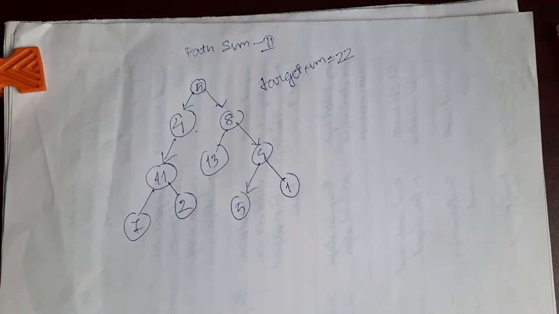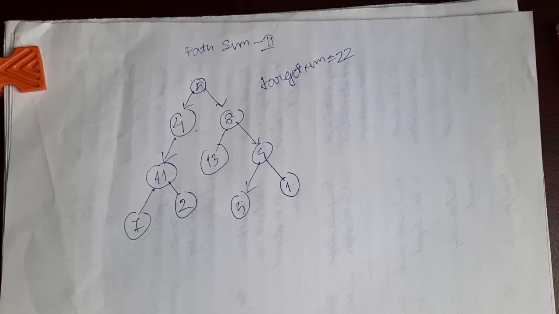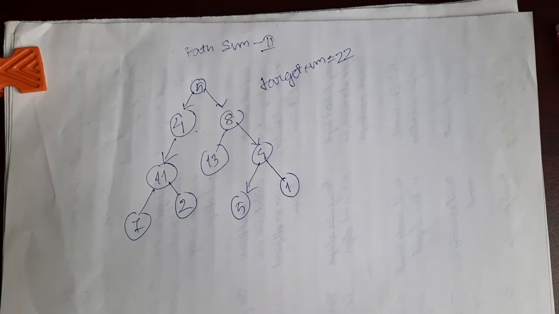and we need to return the sum of all the nodes value that are fulfilling the criteria. What is the criteria? The criteria is that we need to return the root to leaf path where the sum of the node values in the path equals the target sum. So what does that mean?